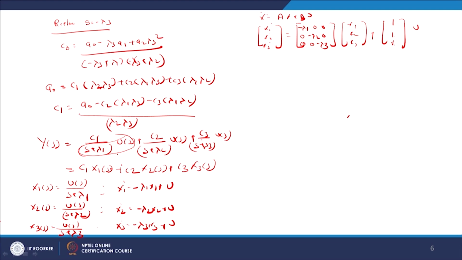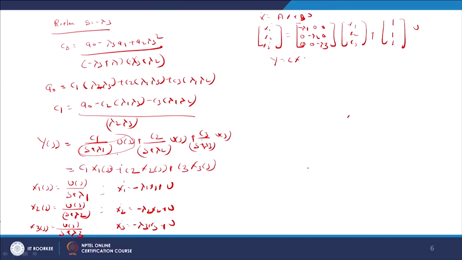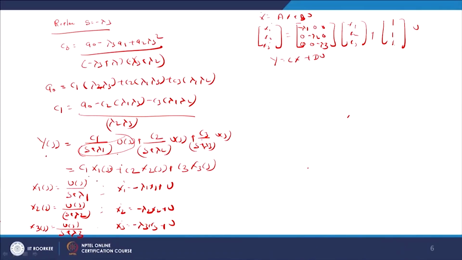But again what we want, we require the model of the output. Output y equals Cx plus Du, that is, you want the model y equals Cx plus Du. C is the output matrix and D is the coupling matrix that we have seen last time. Now we have to write the equation for C. So how will you write it down? You will find y of s equals c1 x1 of s plus c2 x2 of s plus c3 x3 of s.